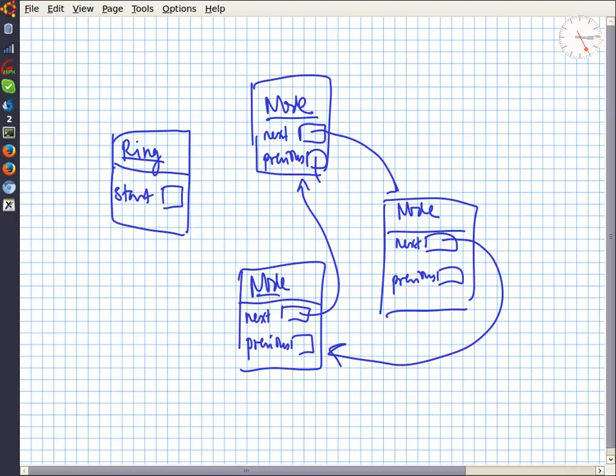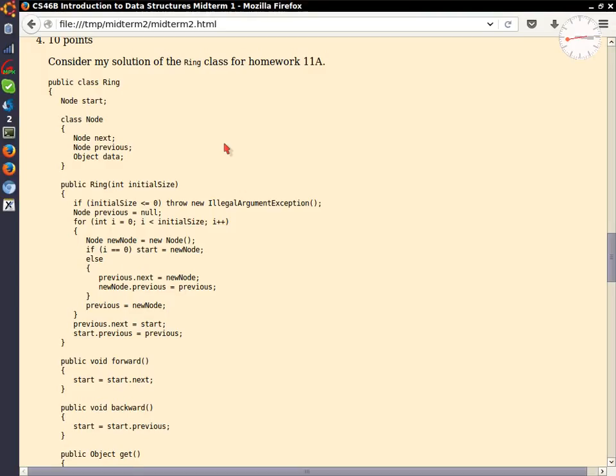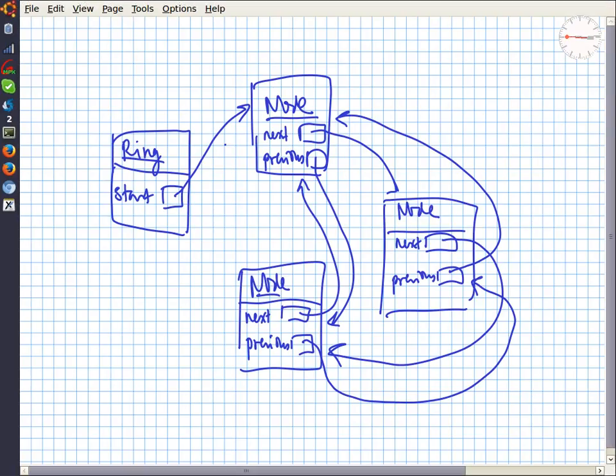And then the previous ones go the other direction. And at this point, it doesn't much matter which one is the first one because it is a circle, so might as well do it here. So that is the hookup after the constructor happens. That's how a ring with 3 nodes was done.